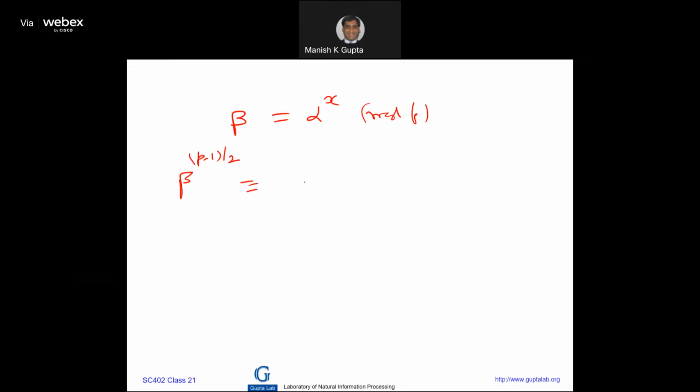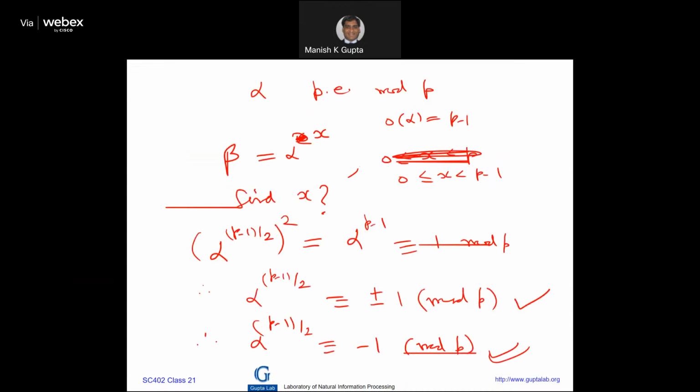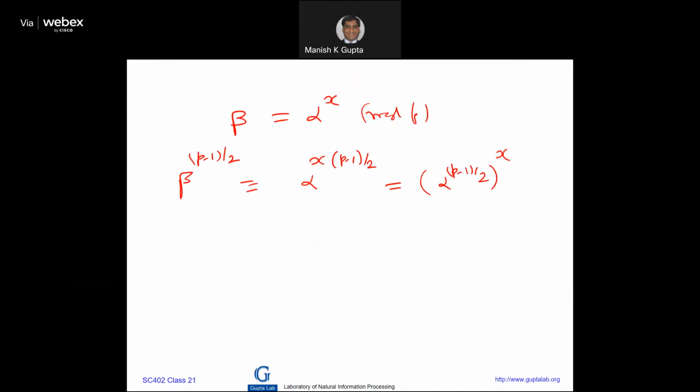This value will be alpha raised to power, I can substitute the value of beta here, x times (p minus 1)/2, which is nothing but alpha raised to power (p minus 1)/2, raised to power x, right? Now alpha raised to power (p minus 1)/2 is minus 1. So this value will be nothing but minus 1 raised to power x. Everything is mod p.